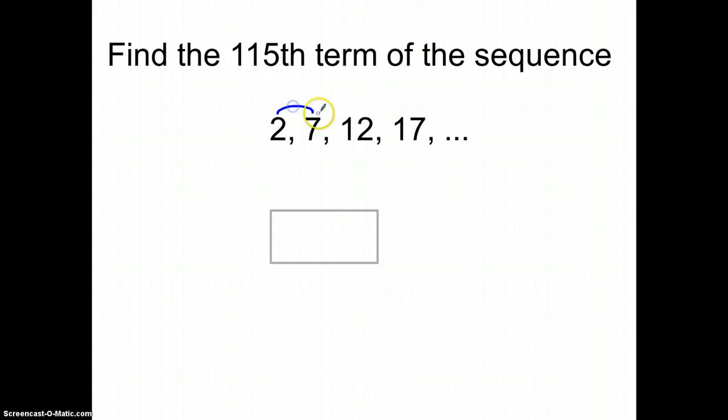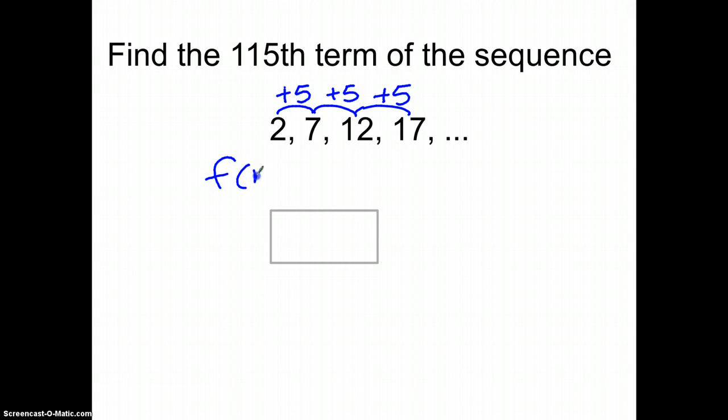Because here it is not growing very much, it is adding, and in this case it's adding 5 every time. So we know the pattern is adding. If we want the 115th term, we're going to need the explicit sequence.